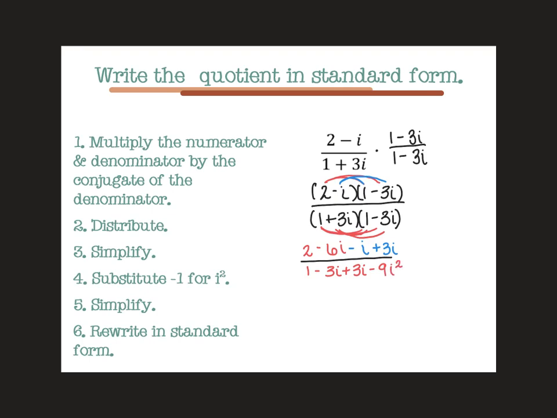If I'm following my steps, next I would simplify. So in the numerator, I could combine negative 6i minus i to get negative 7i. In my denominator, I could combine negative 3i plus 3i, which would cancel.